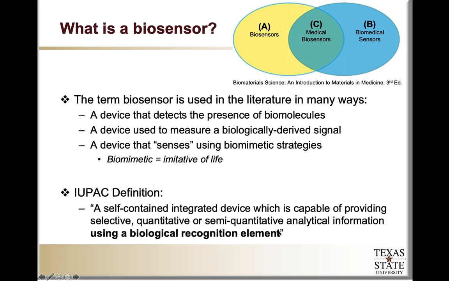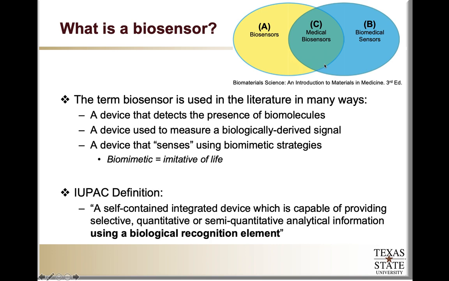I would say that personally, I include both those that include these biological recognition elements, as well as any kind of sensor that detects the presence of a biomolecule, even if we're utilizing synthetic polymers, for example, to do so.